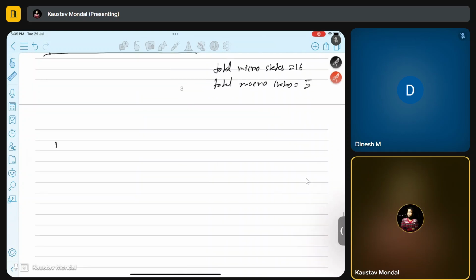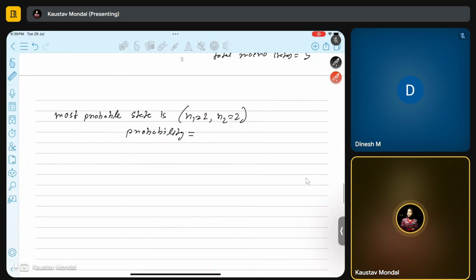The most probable state is n1 equal to 2, heads equal to 2, and n2 equal to 2. This is the most probable, and the probability is 6 by 16.